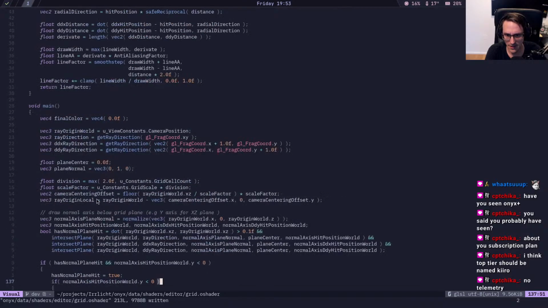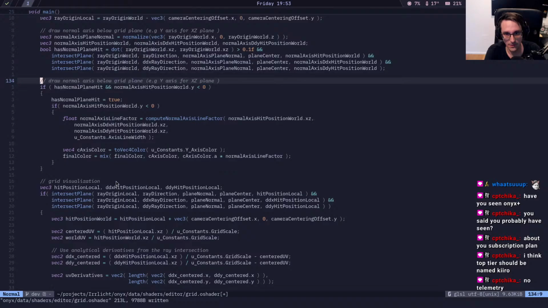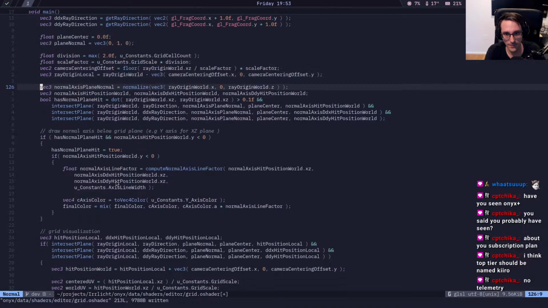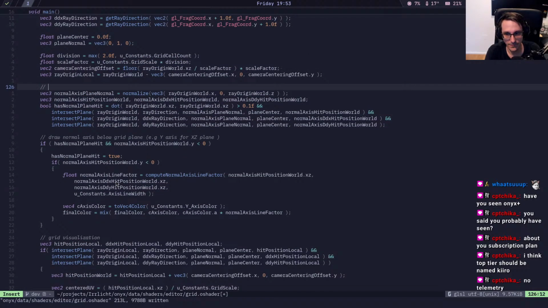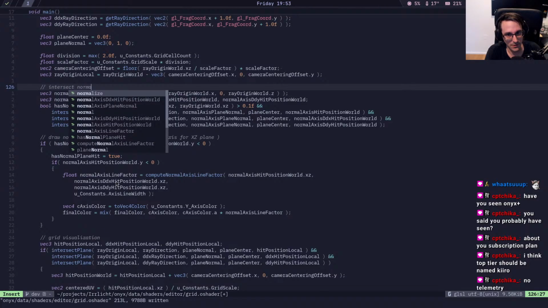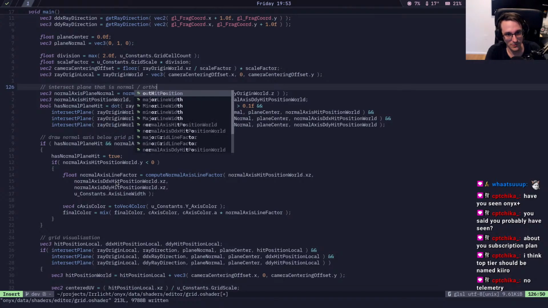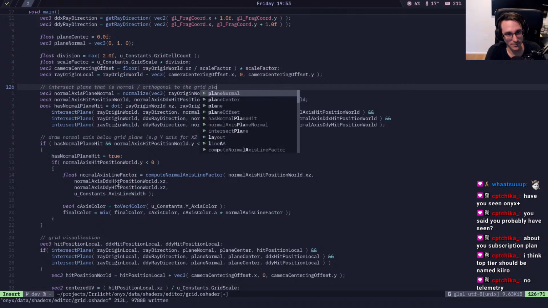Scaling. So my idea was that... let's actually move that here. Intersect normal, intersect plane that is normal, orthogonal to the grid plane.